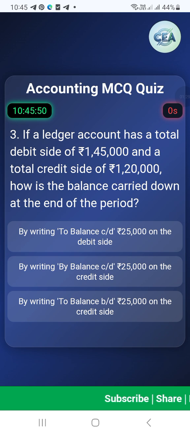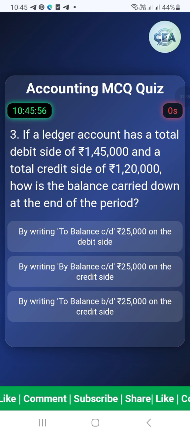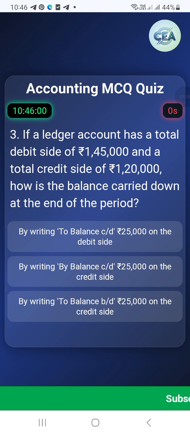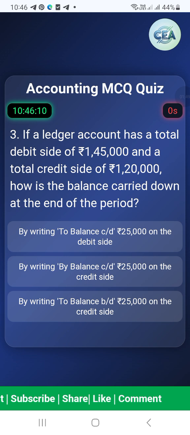3. If a ledger account has a total debit side of 145,000 rupees and a total credit side of 120,000 rupees, how is the balance carried down at the end of the period? Option 1. By writing, To Balance c/d, 25,000 rupees on the debit side. Option 2.